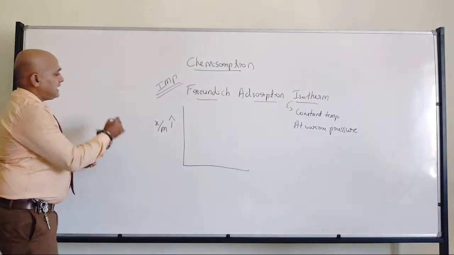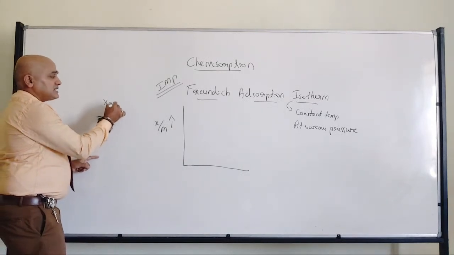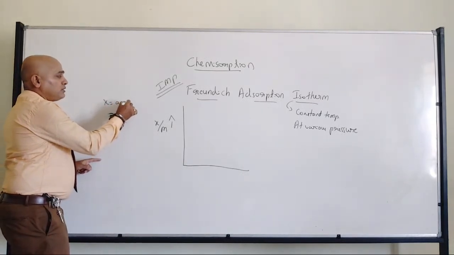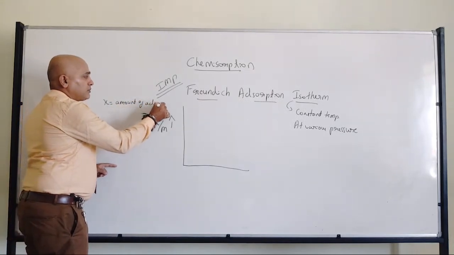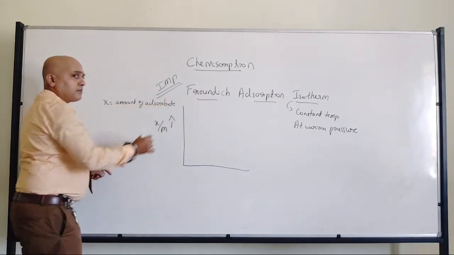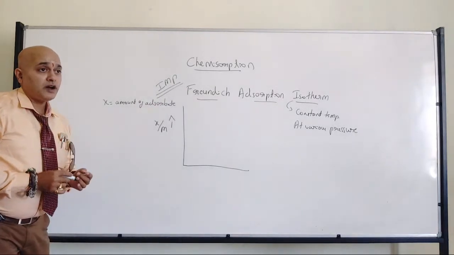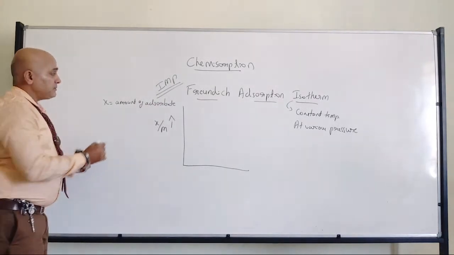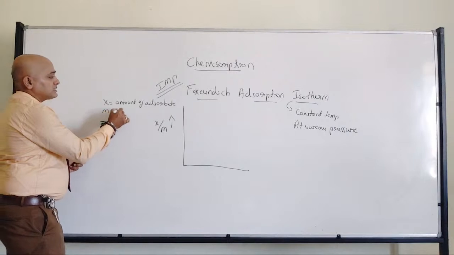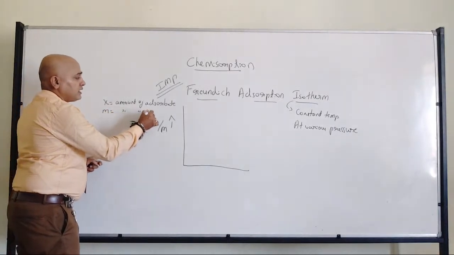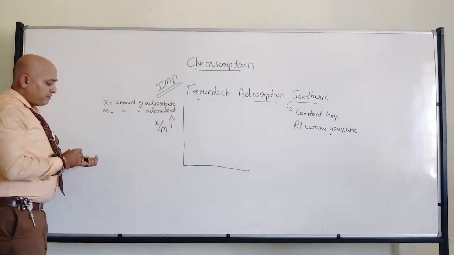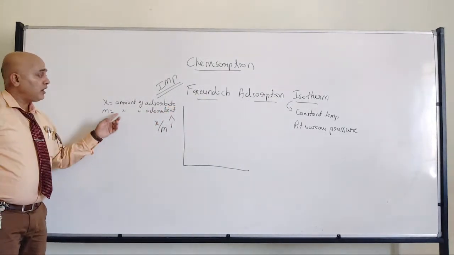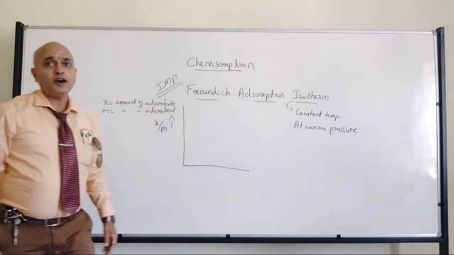Now what do you mean by x by m? x is the amount or mass of adsorbate. m means amount or mass of adsorbent.